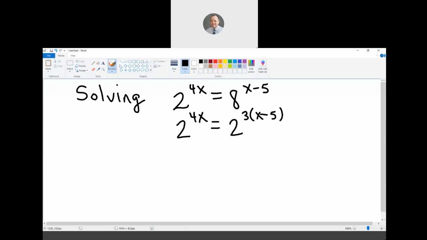If your bases are equal, then your exponents are also equal. So we'll bring down the exponents, set them equal to each other, and just solve for x.